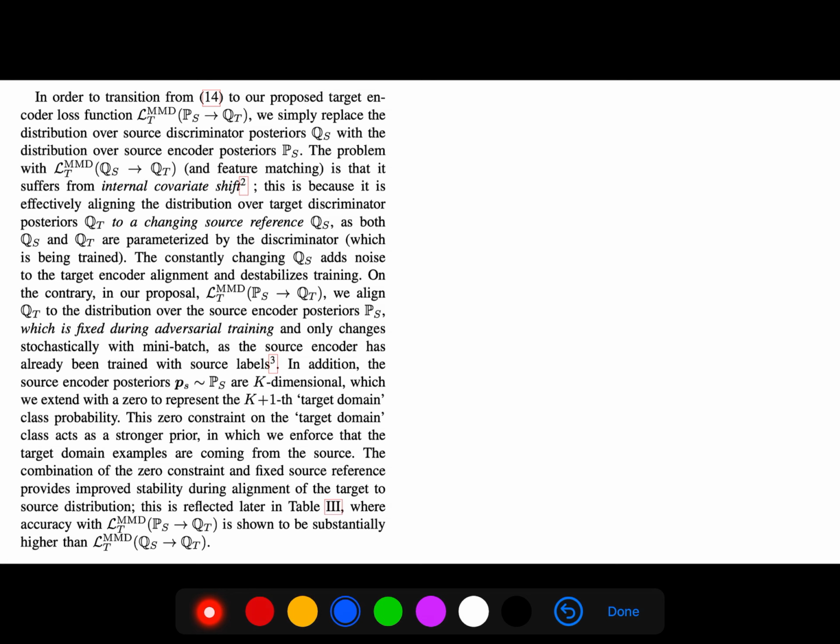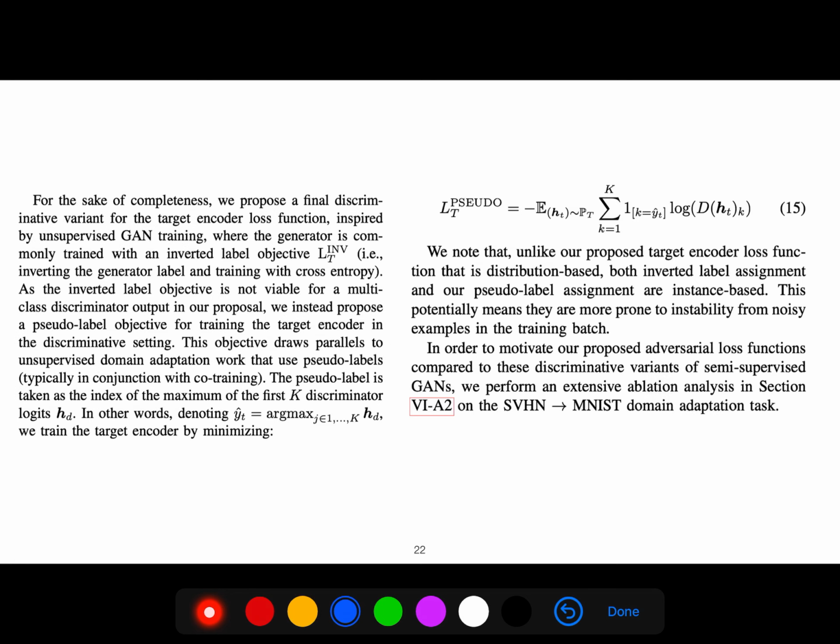They have a pseudo-labeling technique as well, for the sake of completeness. They propose a final discriminative variant for the target encoder loss function, inspired by unsupervised GAN training, where the generator is commonly trained with an inverted label objective, for example inverting the generated label and training with cross entropy.